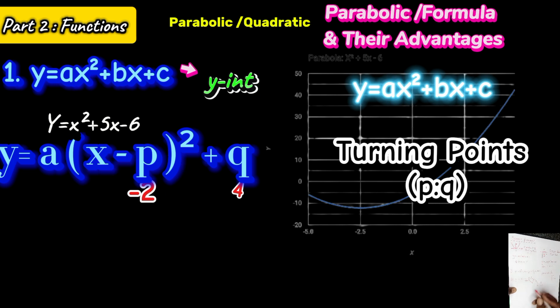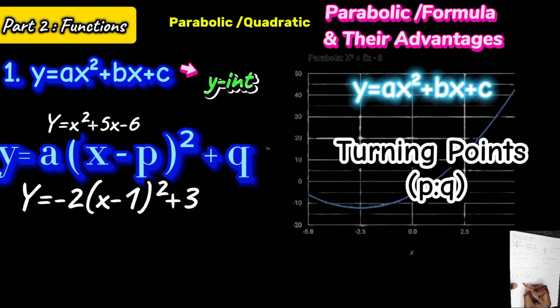But what you should know is that, okay, let's say we are asked to find the turning points of the graph, given that our formula is equal to, let's say, -2 into x minus 1 squared plus 3. Note this very, very well.